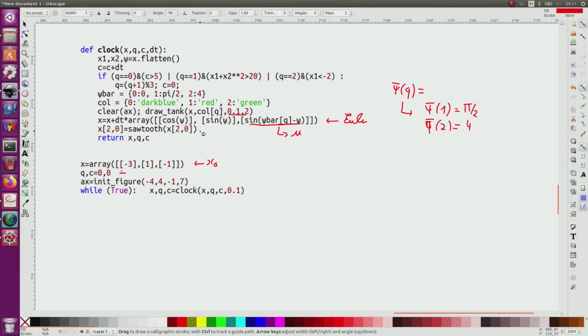And here it is a sawtooth function. I don't really need it, but due to this integration, the angle will increase, and I want it to be always between minus pi and plus pi. This is why I filter this angle by the sawtooth function, but I don't really need this function.